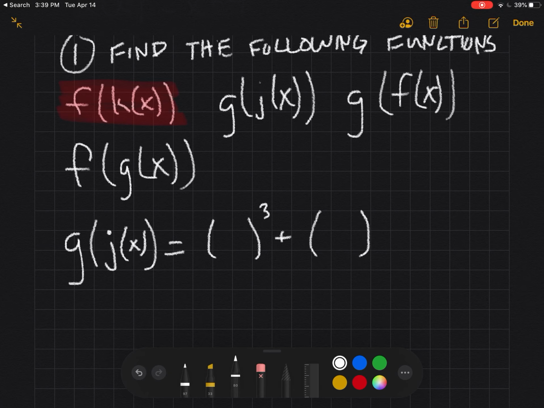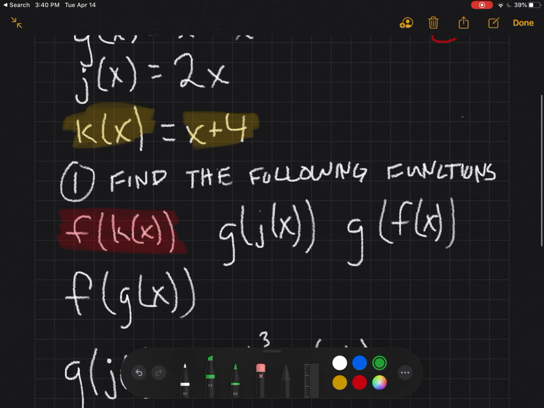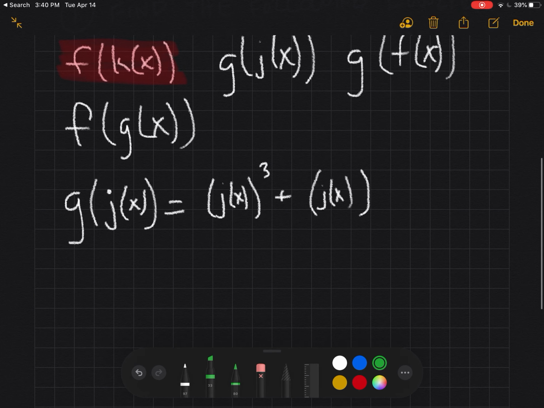All right, welcome back. So I'm going to go piece by piece for each one. So I have g of j of x here. Now the function g says take whatever my input is, cube it, and add it back. So I'm going to take j of x and put it in here.